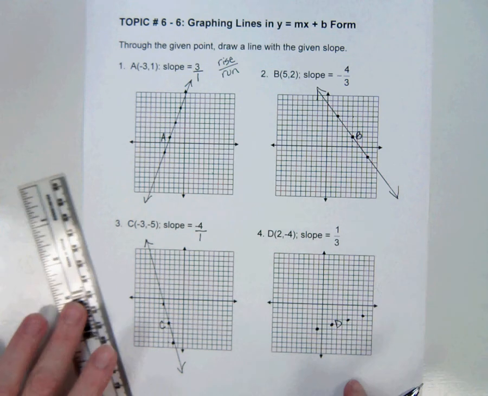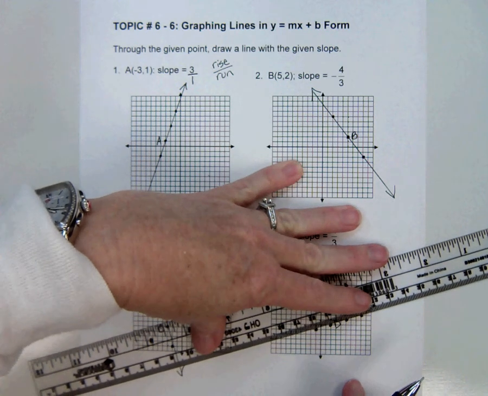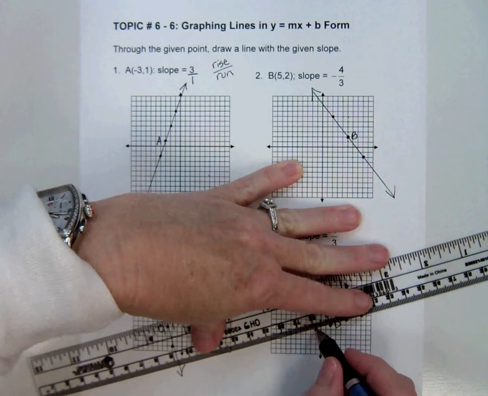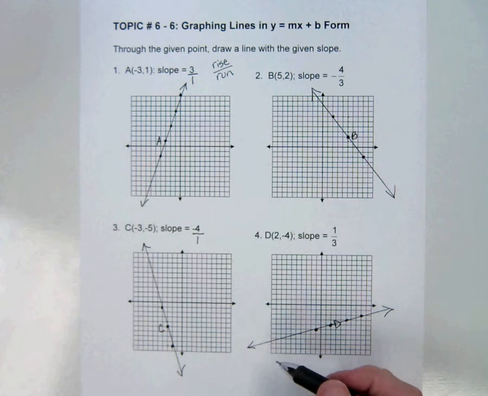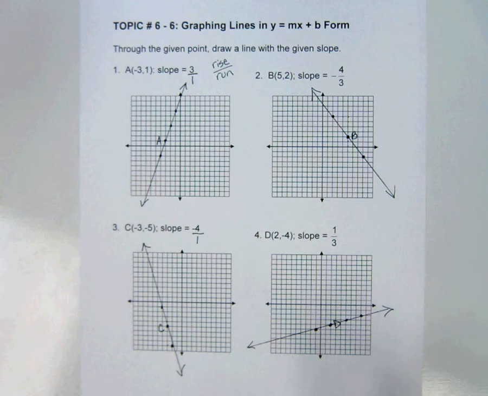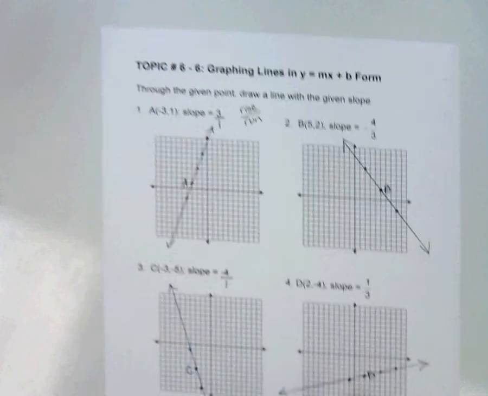You're still in that same mode. Notice I'm putting at least 3 points to make a nice graph line. Okay, pause it if you need to and study how to plot a point and also graph a slope. And then we'll move on to 4 more examples.